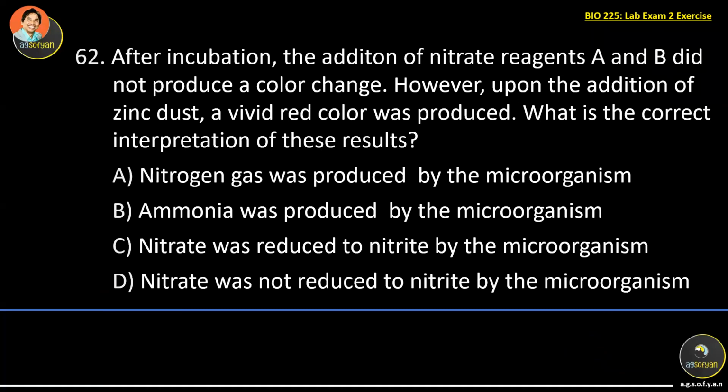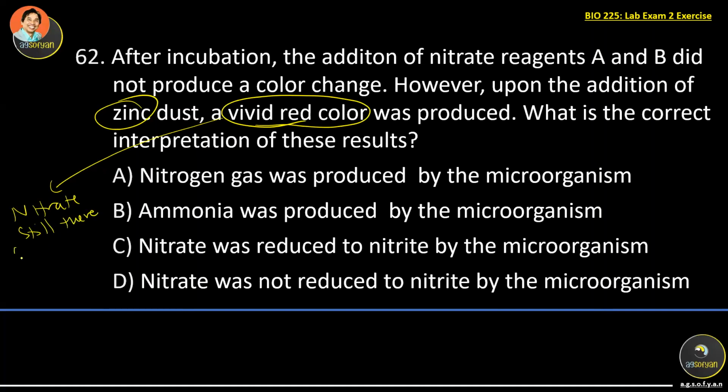Okay, so it's false. Changing color is actually a negative result. After incubation, the addition of nitrate reagents A and B did not produce a color change, but you cannot tell whether it is able to reduce nitrate or not. We have to follow the next step, which is the addition of zinc. If they change color, what is the correct interpretation? If the color changes, it means the nitrate is still there, not reduced.